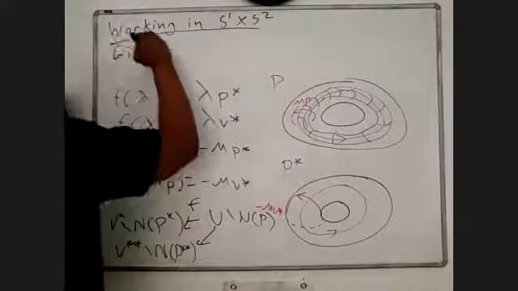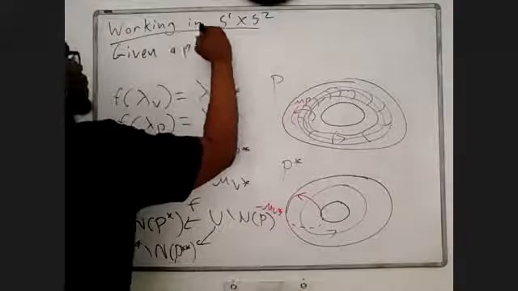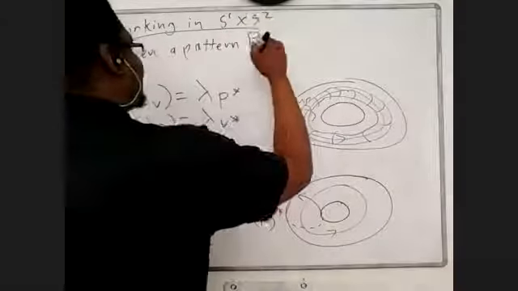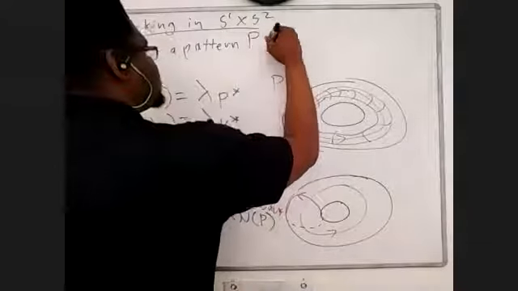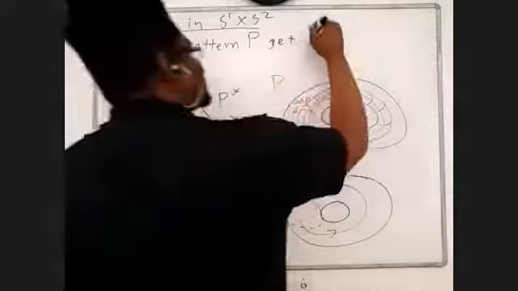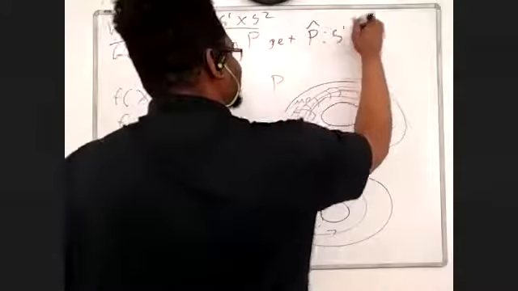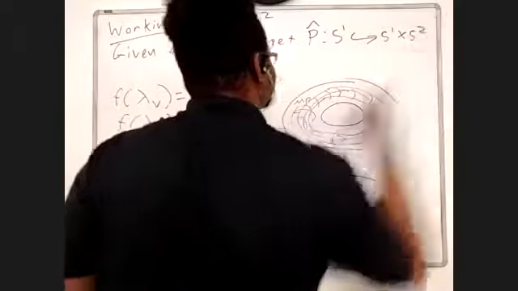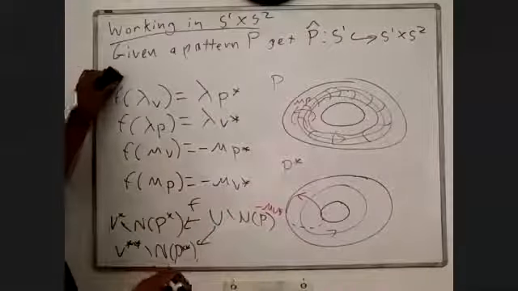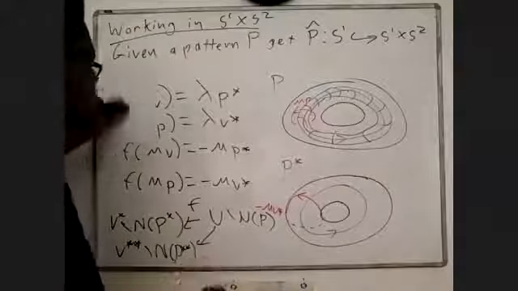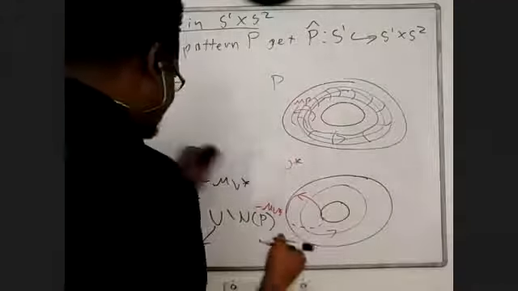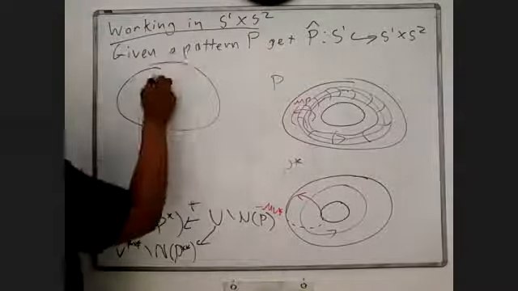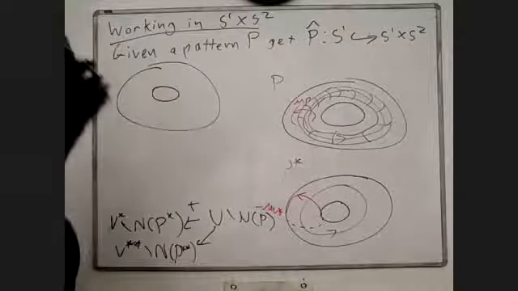So if you're given our pattern P, we get an embedding of our circle inside S1 cross S2. And we get it this way. So let's say our pattern was, let's go back to the little more complicated one.